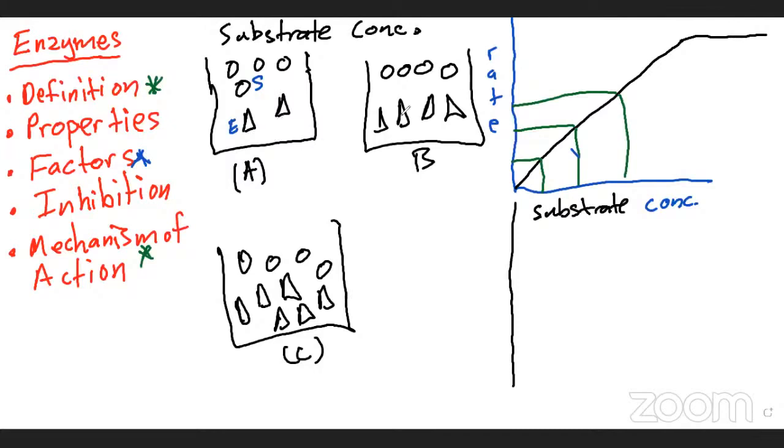So as you increase the concentration of the enzyme, you are increasing the chances of getting a correct collision, meaning one that leads to the formation of an enzyme substrate complex. So when you increase the concentration of the enzyme, you are increasing the chances of getting an enzyme substrate complex. So as you increase concentration, collision increases, and that increases your chances of getting an enzyme substrate complex. The quicker you get the complex, the faster the rate will be.